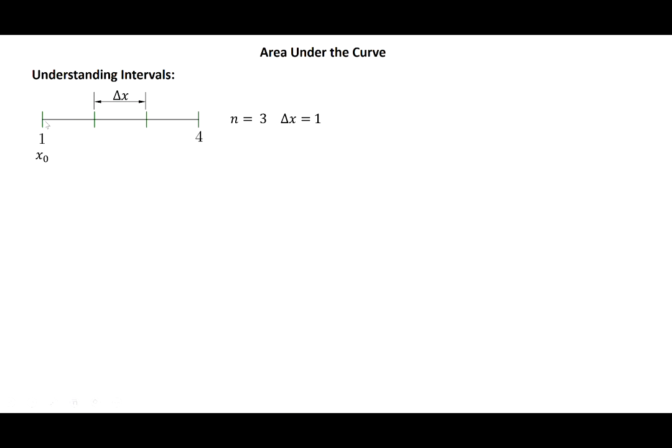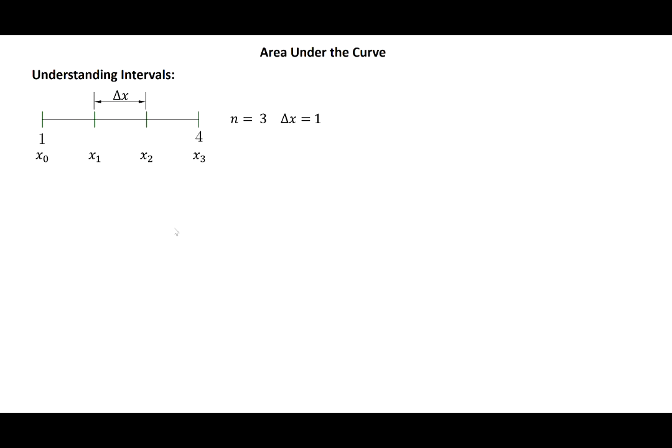Like this 1 is one of those points, this 2, 3, 4. Each one of those things is a point that we end up getting. So let's call them x sub 0, the left endpoint. The next one is x sub 1, then x sub 2, and x sub 3. Are you cool with that?